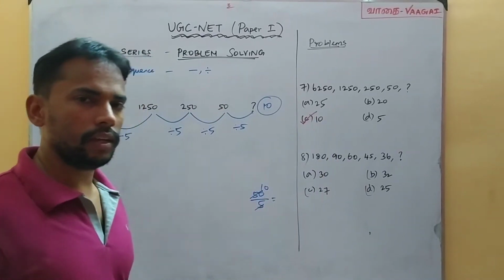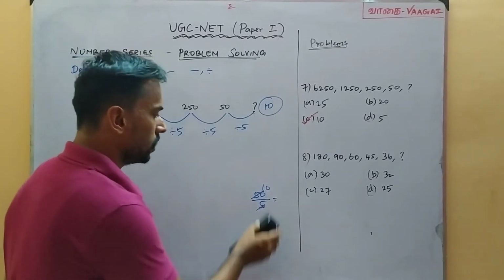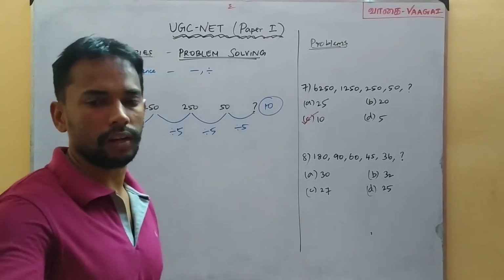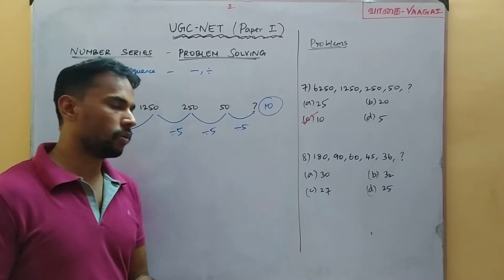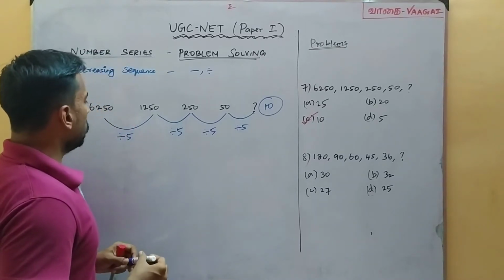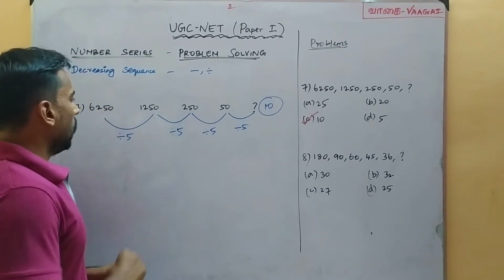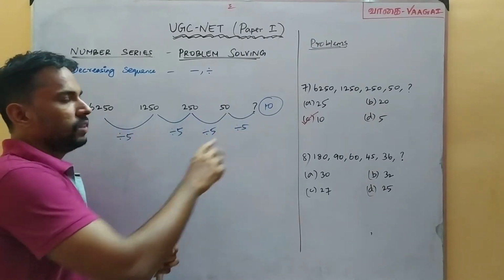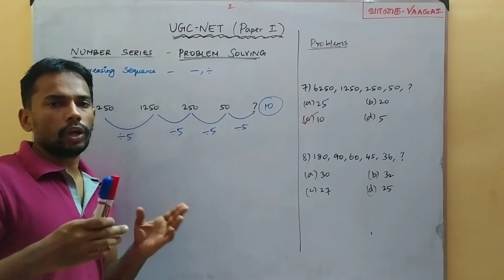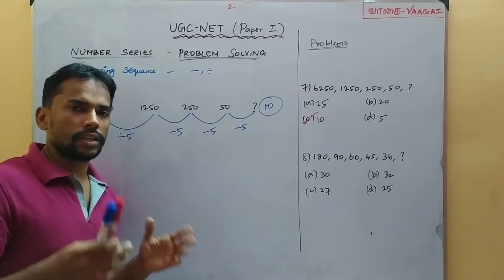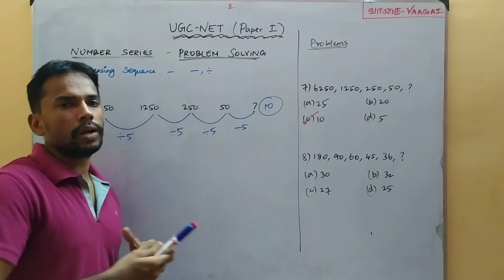But one thing here importantly we will have to see. Let me reveal it here itself. See here, we have checked the operations with division, and one thing we need to remember here, division is again another way of doing multiplication.